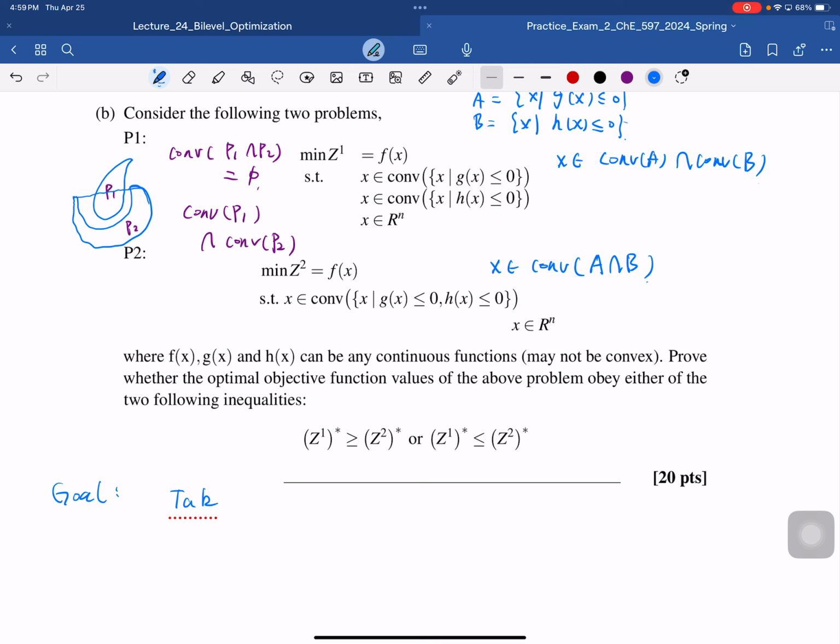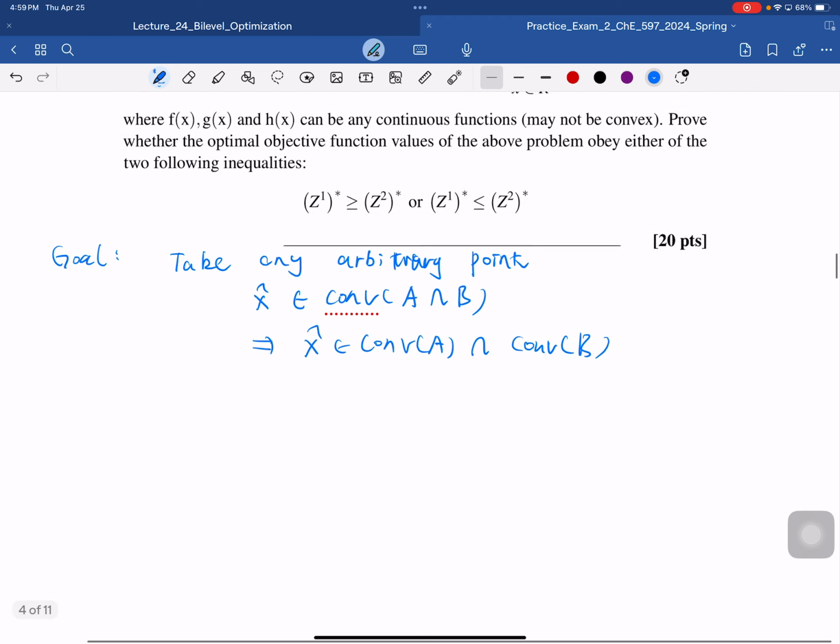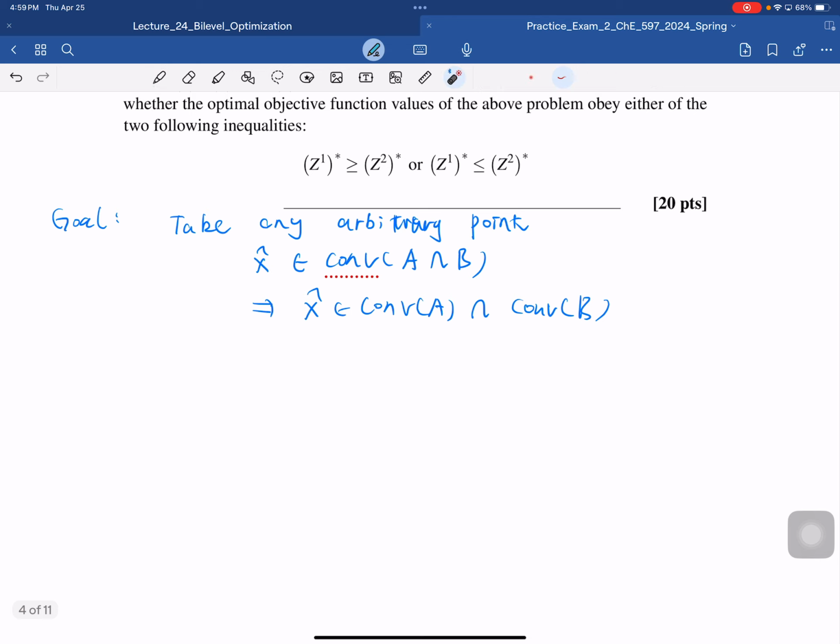So what you want to do is take any arbitrary point, let's call it x hat, that is in the convex hull of A intersect B. Then you want to show that x hat is in the convex hull of A intersect with the convex hull of B. Okay, that's what we want to show at the end. If you can show that, then the second set is contained in the first. So how do we show that?